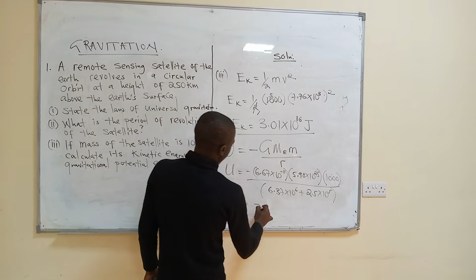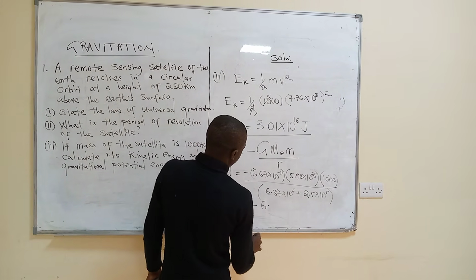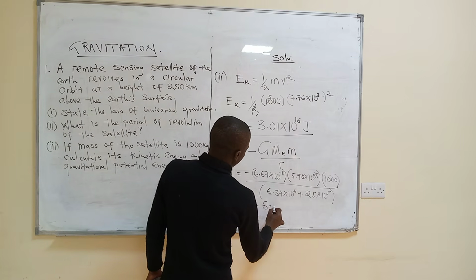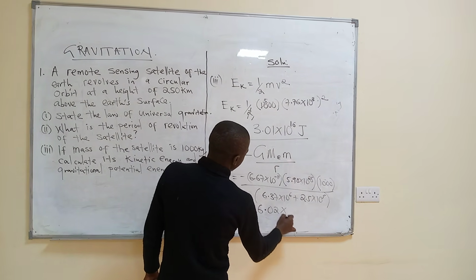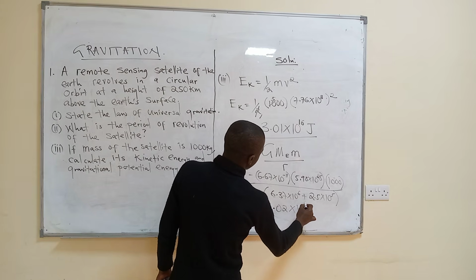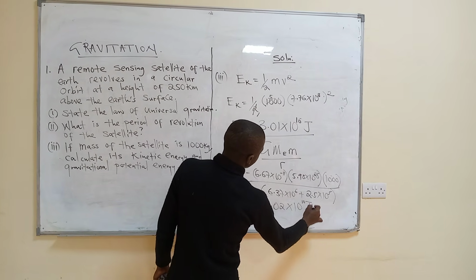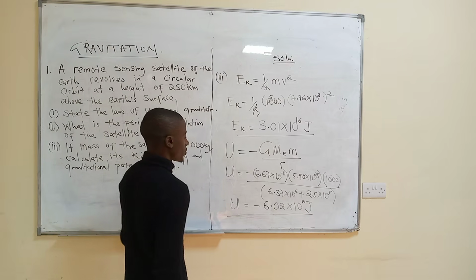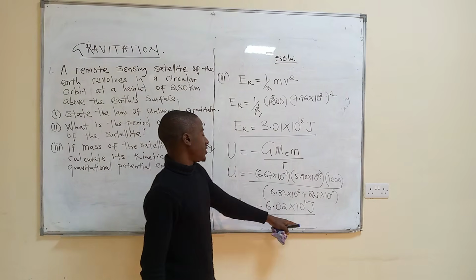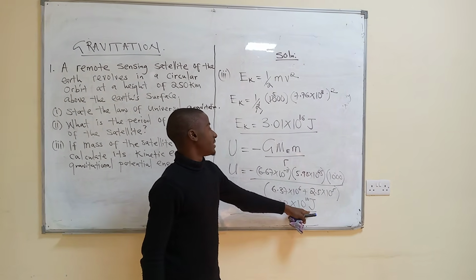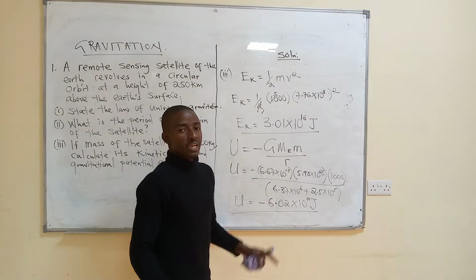Negative 6.02 times 10 to the power 10 joules. Always ensure to say energy is measured in joules. Don't forget to put the SI unit.